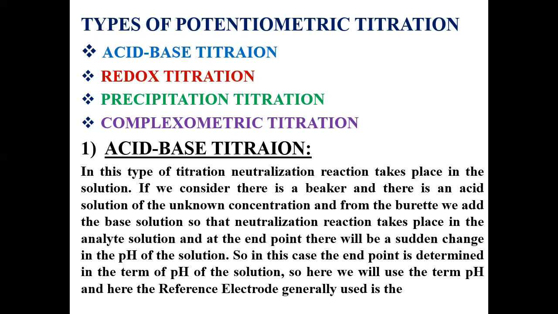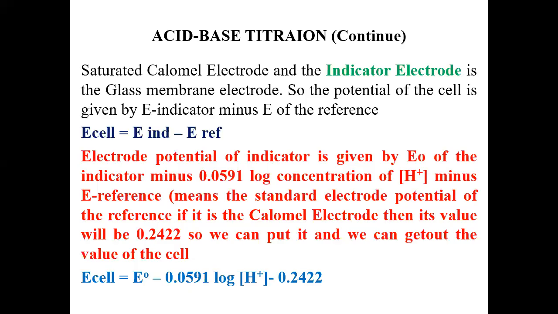Here the reference electrode generally used is the saturated calomel electrode, and the indicator electrode is the glass membrane electrode. So the potential of the cell is given by E indicator minus E reference. You can see E cell is equal to E indicator minus E reference.